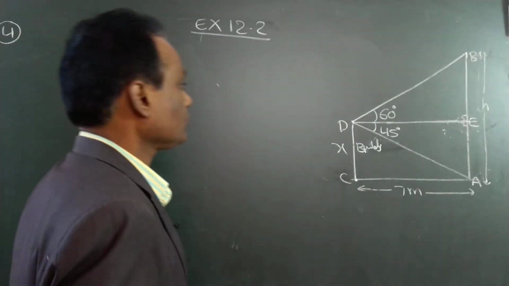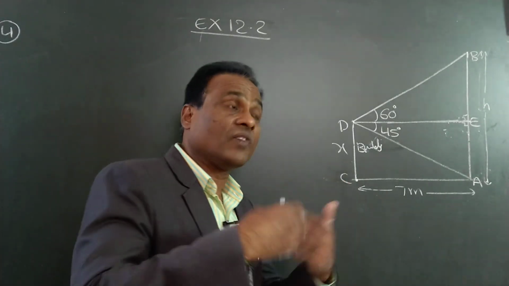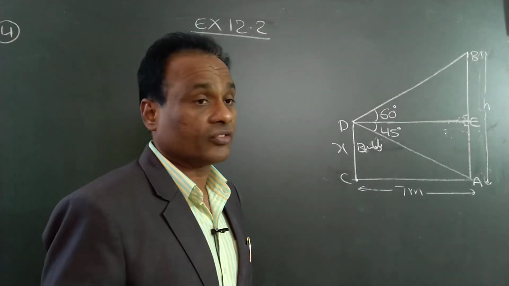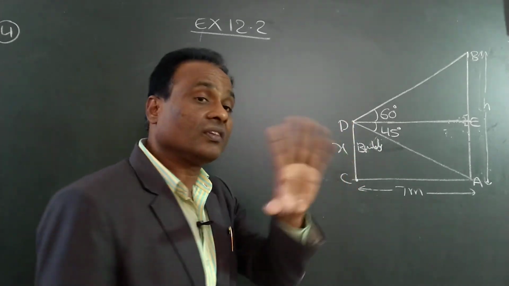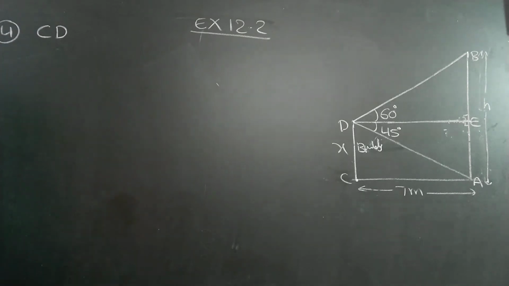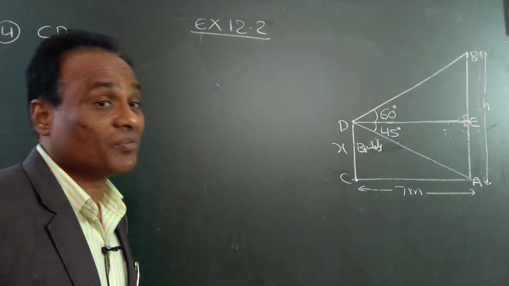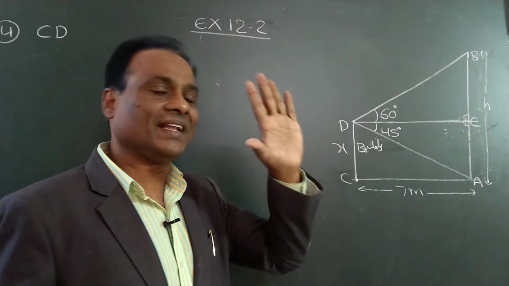Now, first understand the diagram. Even you can understand the diagram while writing the notes also. Write down. Let CD be the building. What is the building? CD be the building.